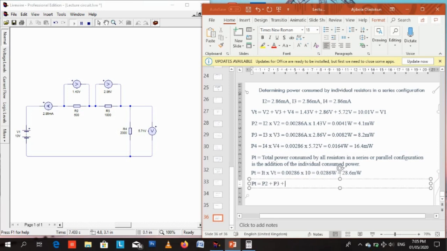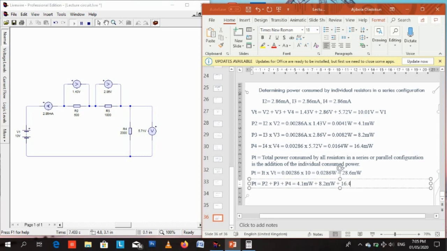If you add all those together, you get the total power consumed by all the loads in the circuit. I stated that regardless of whether the resistors were connected in series or parallel, when it comes to finding total power, you add all the power consumed together. In this case, it's series, just add it together.